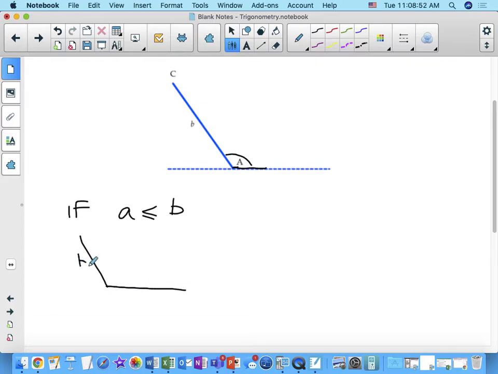Here's B. Here's angle A. A would be like this. Could we get a triangle? No. And actually, we'll talk about why in a second after we finish looking at what happens if A is greater than B.